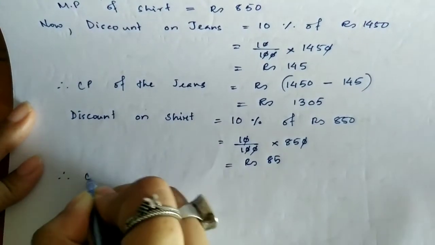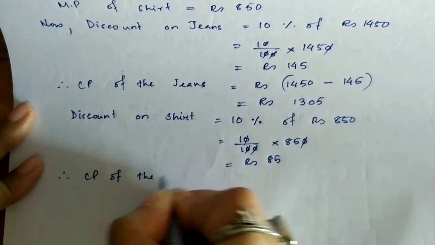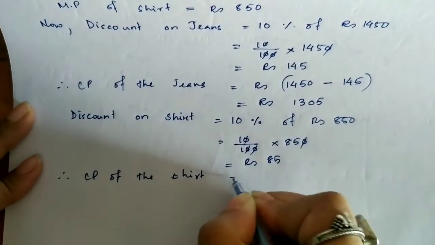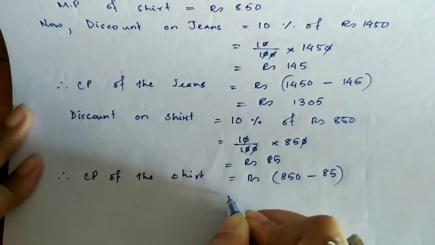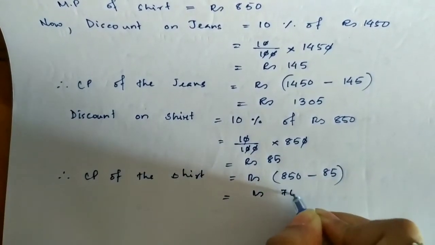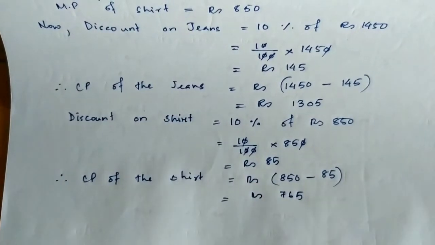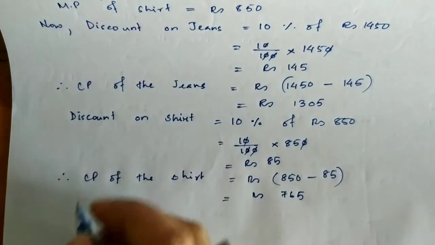So therefore the cost price of the shirt will be rupees 850 minus the discount. So when you subtract, you get rupees 765. So this is the cost price of one shirt.